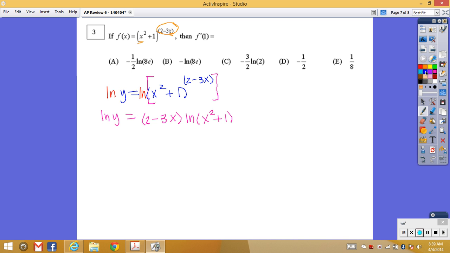The reason why this problem is a bit of a pain is because when you do that, you end up with a product rule over here. So, because of the product rule, and then also over here, this is now implicit differentiation.